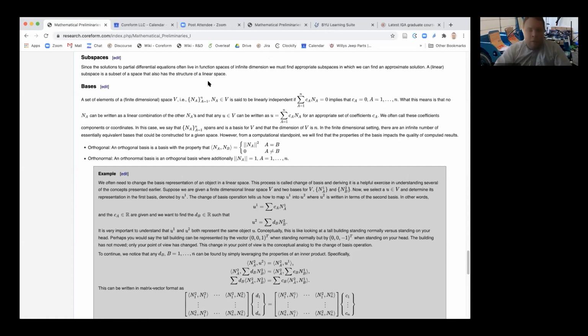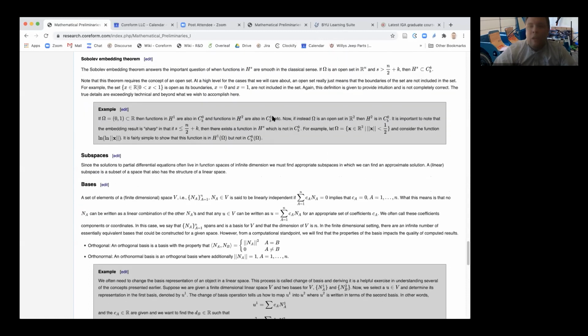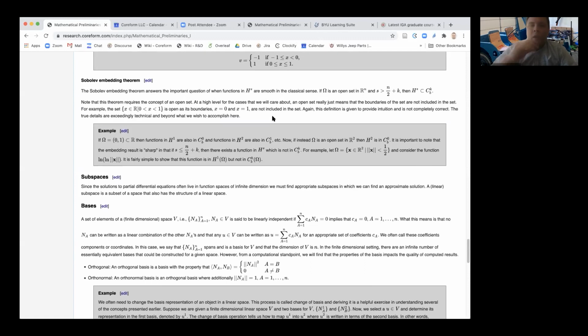Okay, so yeah, we left off, we got through the energy spaces, and we gave an example of, and the basic takeaway conceptually or intuitively that I would say is important is that HK is really just CK. It contains the class of continuous functions, and then you're throwing in additional functions that have the appropriate weak derivatives as well.